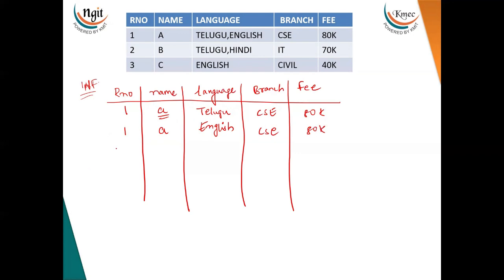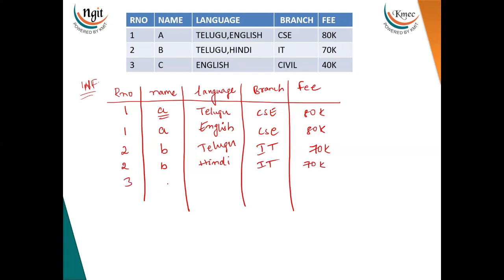Similarly, we have roll number 2, and name of the person is B. He is known with the languages Telugu and Hindi. So firstly, we are inserting Telugu, and he comes from which department? From IT. And the fees is 70,000. So as he also knows Hindi, it is again necessary to insert the record of B, 2 B IT 70K.